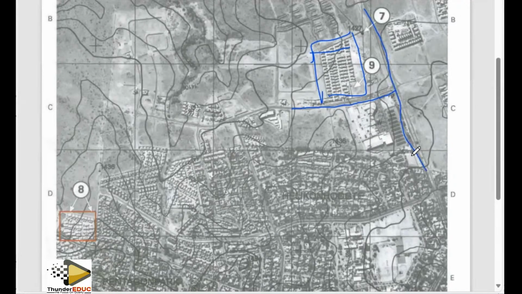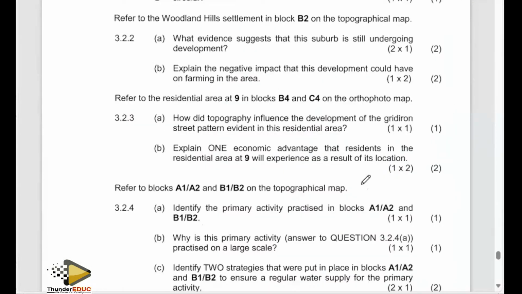So they are linked to major transport routes, which makes their movement easier and also cheaper. They are linked by this major route stretching in this direction and also this route passing on the southern direction. Basically, that is the evident economic advantage: being closer to and linked to major transport routes. Right, we go on to the next question.